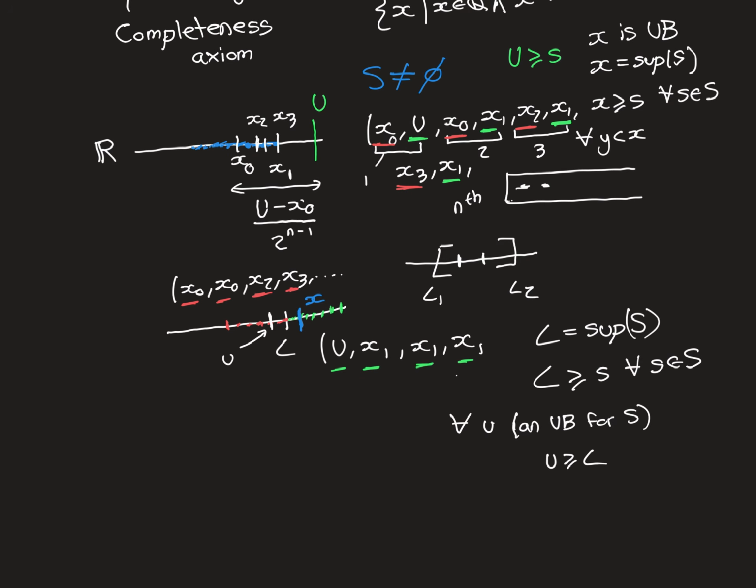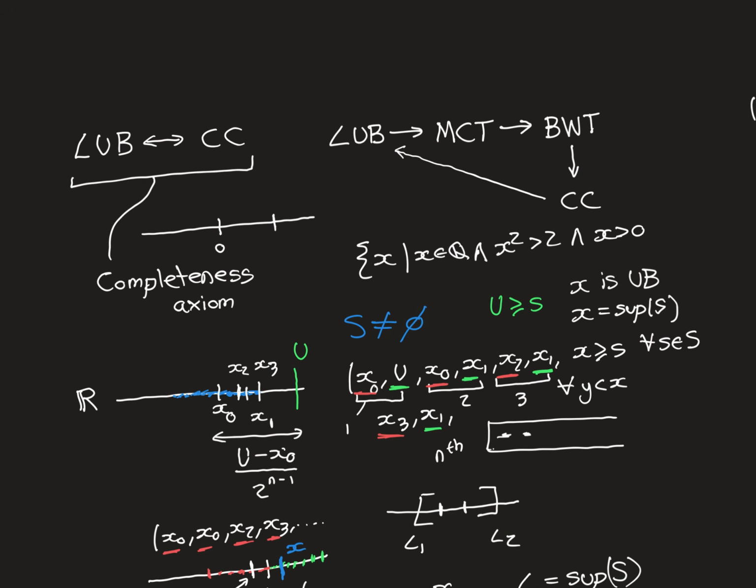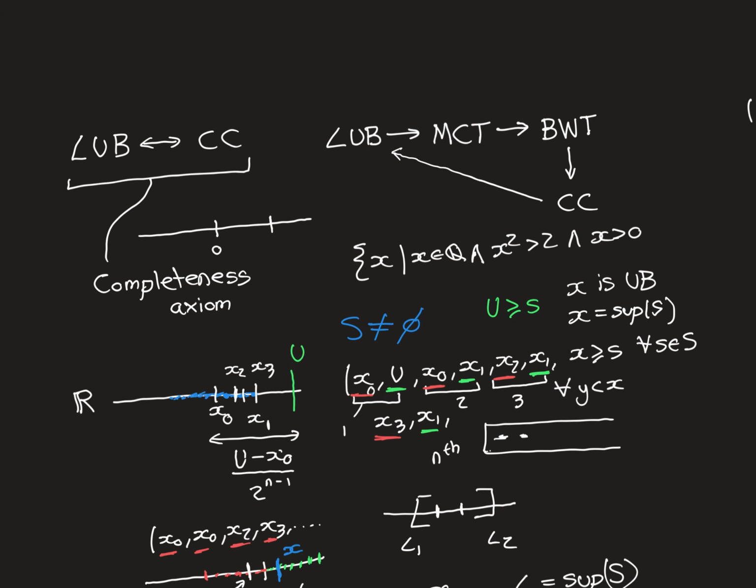So overall, the deep analytical lesson that we have learnt here is that the least upper bound axiom does lead to the fact that all Cauchy sequences converge, i.e. Cauchy completeness, and equivalently, if you start with Cauchy completeness, it implies the least upper bound axiom, so they are equivalent to one another.